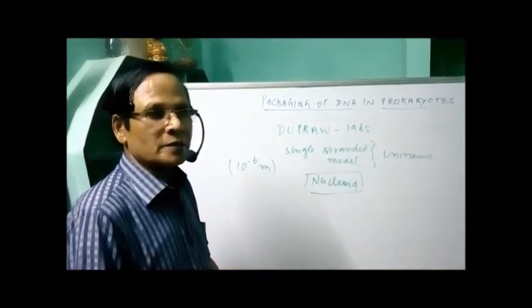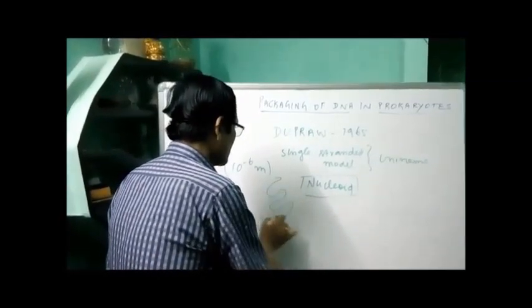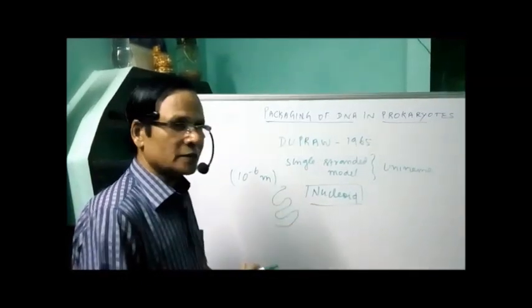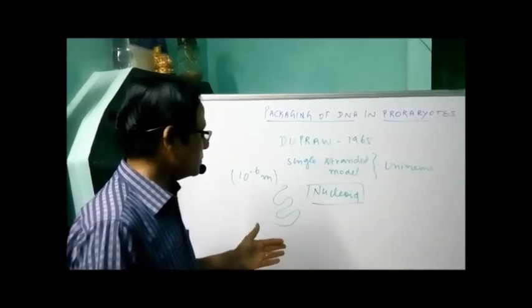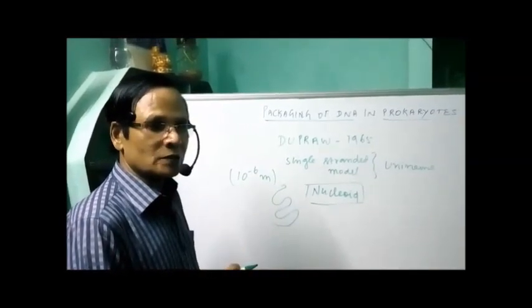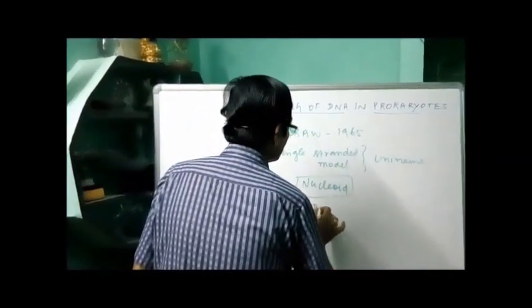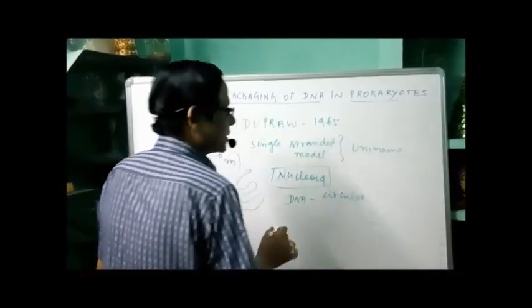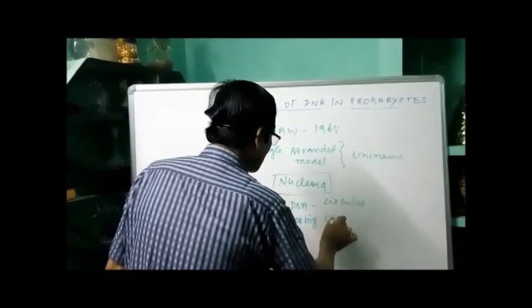In the nucleoid, the DNA is organized in the form of large loops held by proteins. So in prokaryotes, normally there is no definite nucleus. The DNA is circular and lacking chromatin organization.